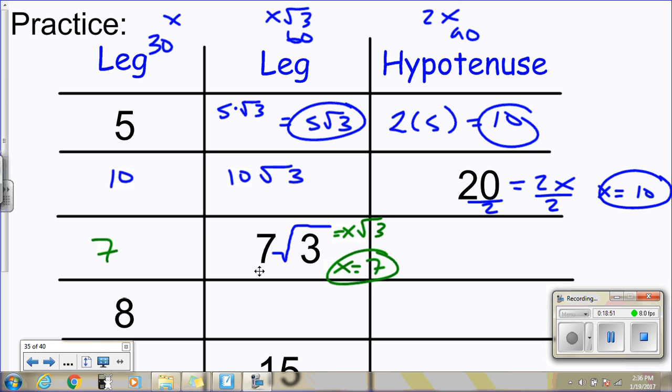All right, so we found that the short leg was 7. So now that we have the short leg, we can find the hypotenuse, which is 2 times the short. So that means it's 14. So again, please remember these patterns. They will be very helpful and save you a lot of time and headache.